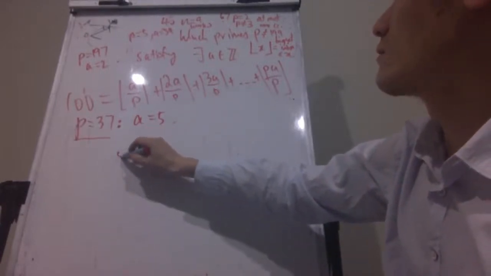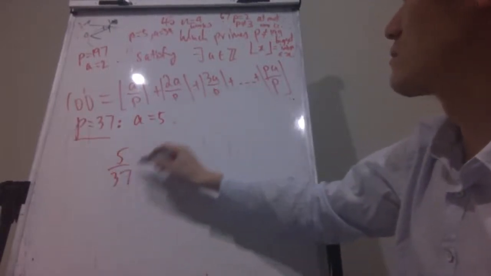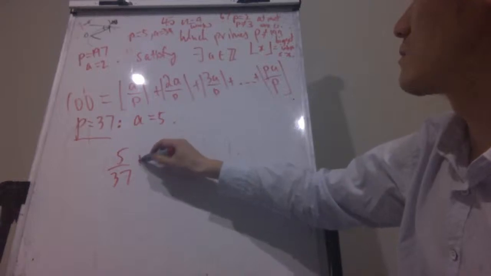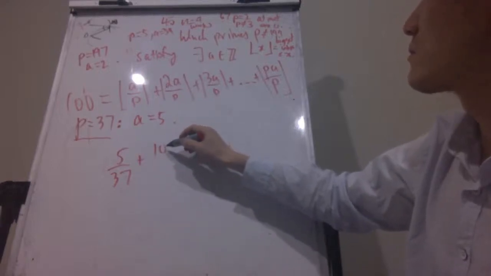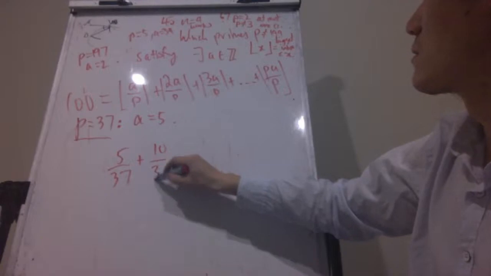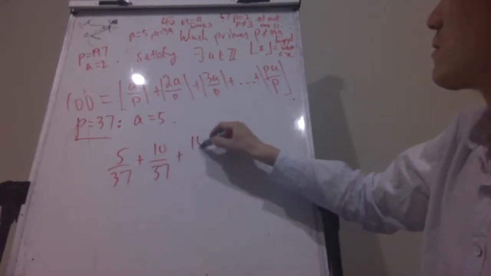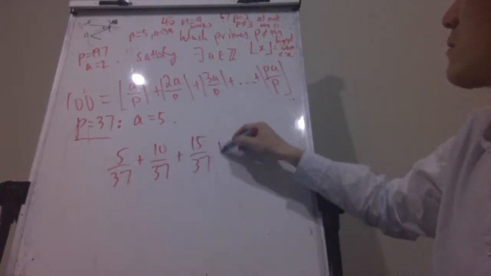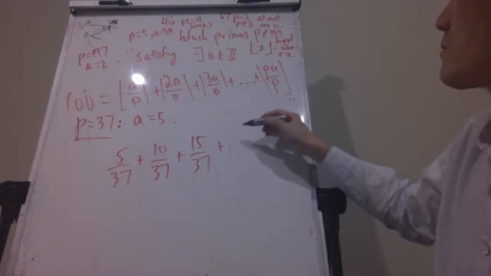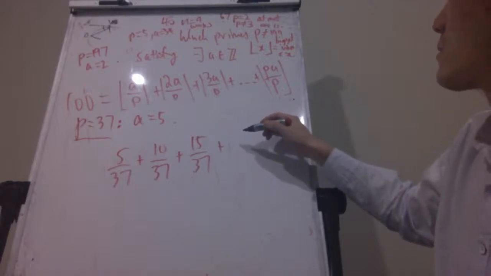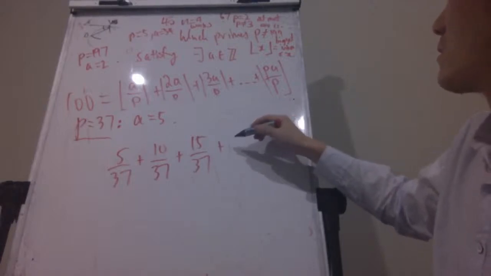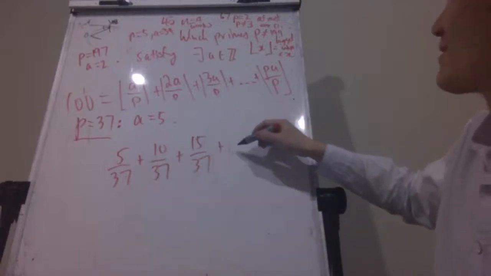So 5 on 37. So it's like 35 and doesn't do anything. Oh yeah. Not enough space.